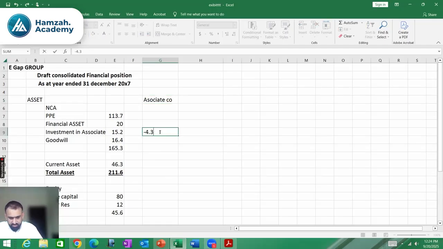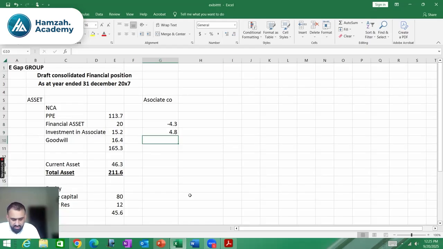So the financial asset will be credited with 4.3 million, and investment in associate is debited with 4.3 million. Plus, you will add the 25% share of the 2 million profit, which is 0.5. So you have 4.8 million.